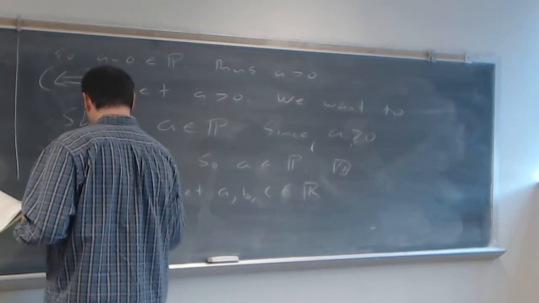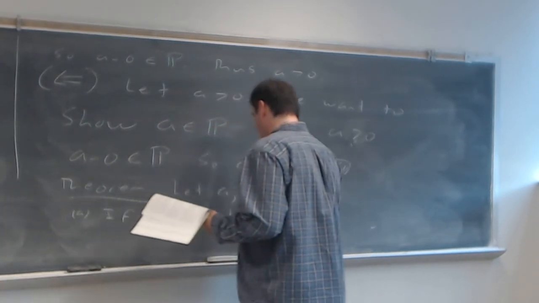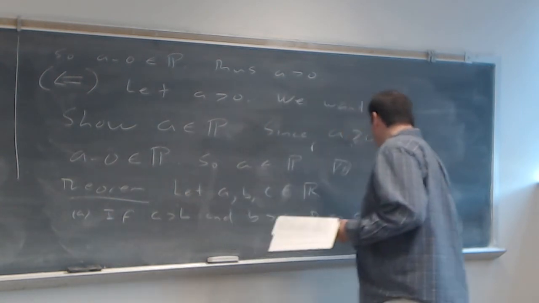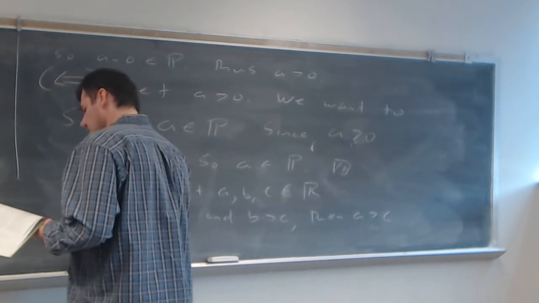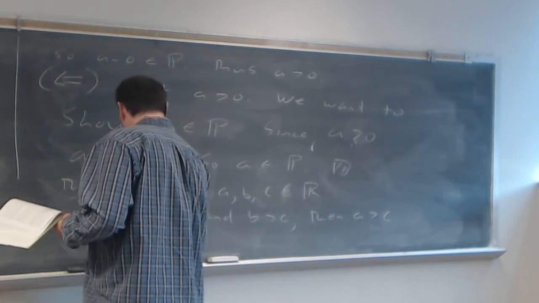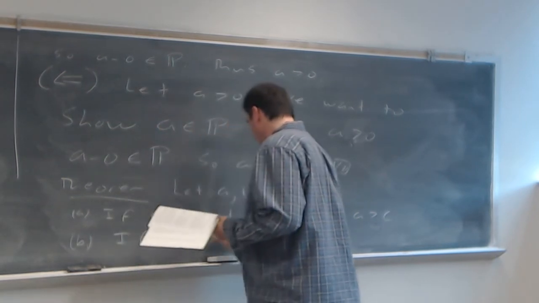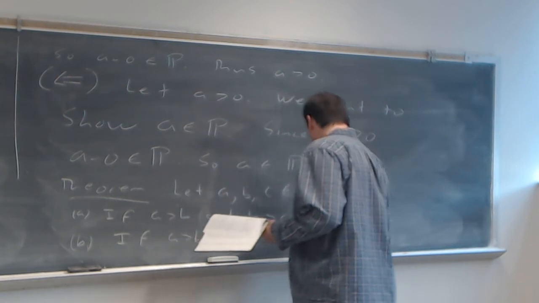It says, if A is greater than B, and B is greater than C, then A is greater than C. The second part says, if A is greater than B, then A plus C will be greater than B plus C.